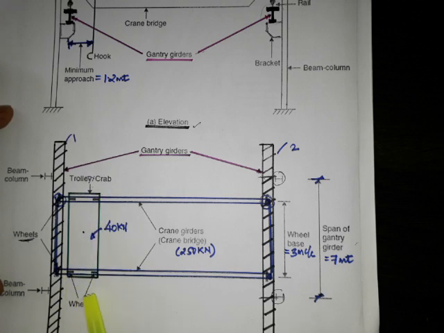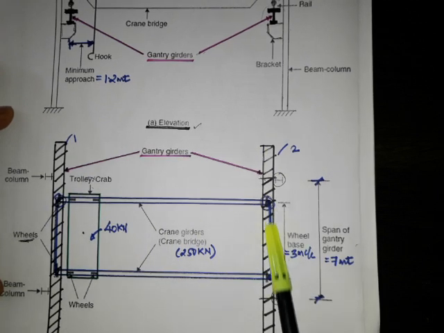So what you can see, the wheels here, the load should be transferred over the crane girder through these wheels, and in turn automatically the load transfers over this crane girder, it will transfer to gantry girder.